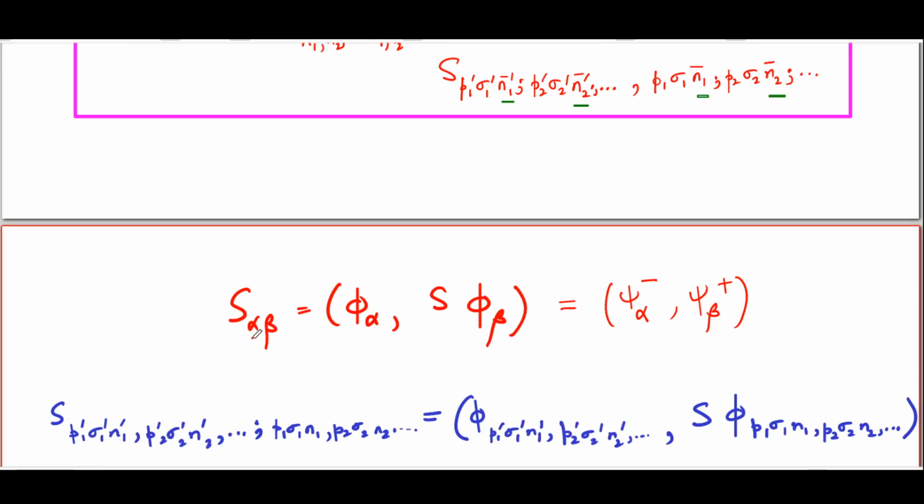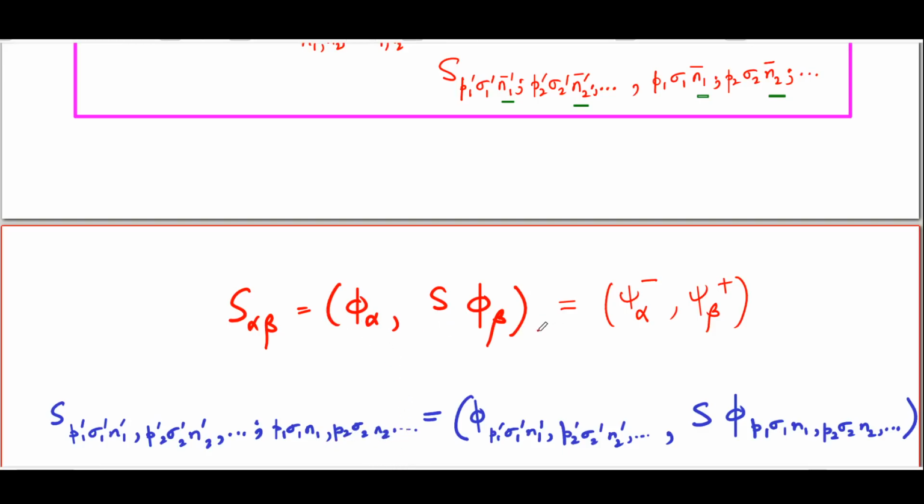So, alpha, the labels for the outgoing particle states, actually is a bunch of labels, not one. One label for each particle: p1 prime, sigma 1 prime, n1 prime, p2 prime, sigma 2 prime, n2 prime, etc. The prime signifies that we are talking about the out state, the detected state, and on this side you have the labels which make up beta, the labels of the particles for the in states: p1 sigma 1 n1, p2 sigma 2 n2, and so on.